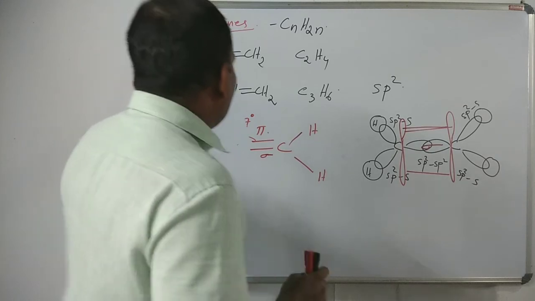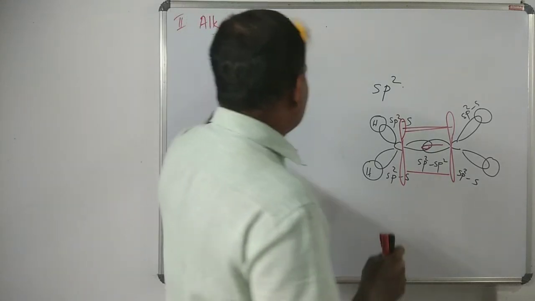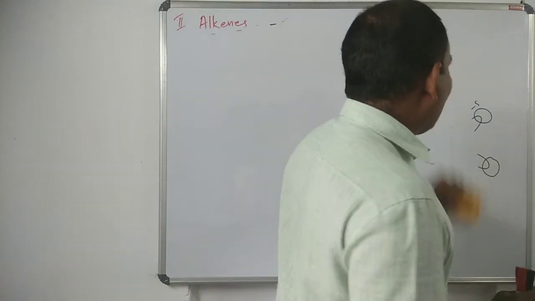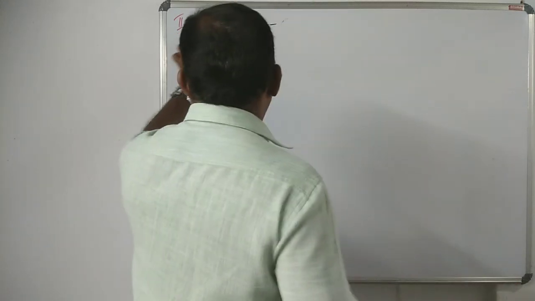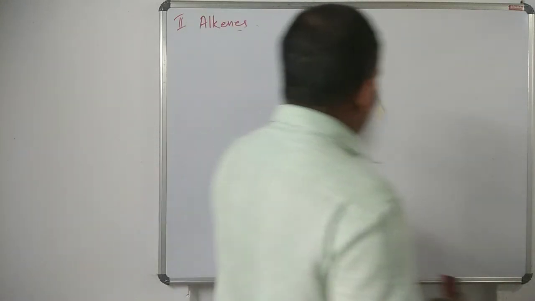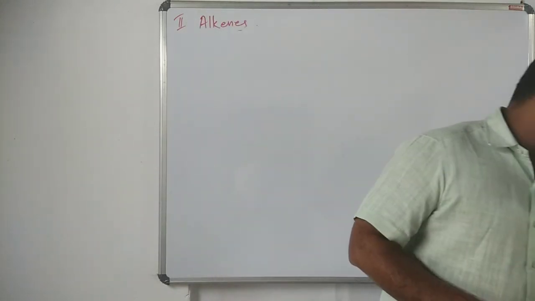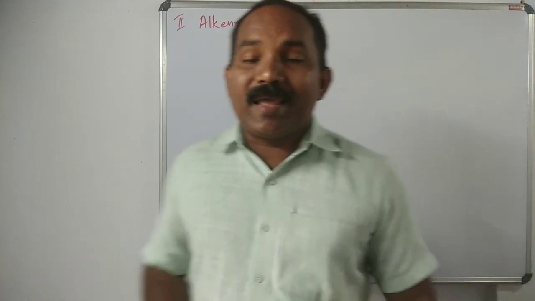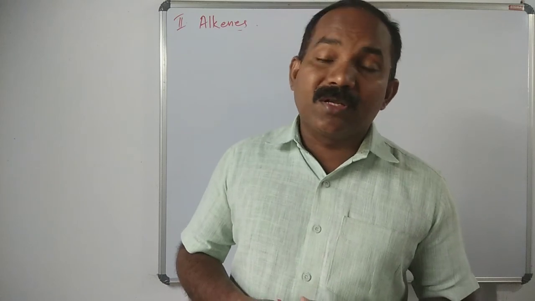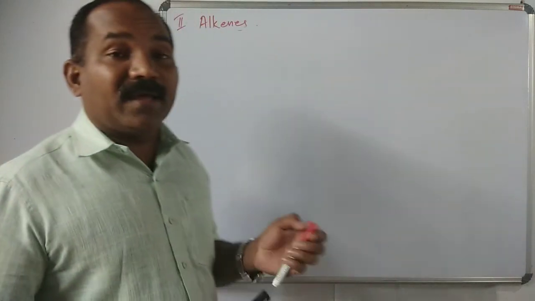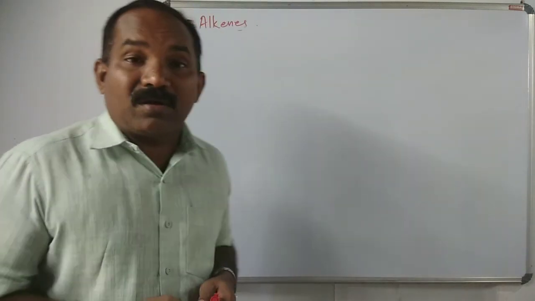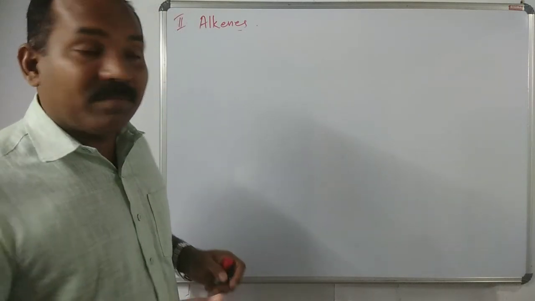In lower alkenes, that means up to propene, the position of the double bond need not be mentioned. So in ethene and propene, the position of the double bond need not be represented. But in higher alkenes, the position of the double bond should be mentioned.